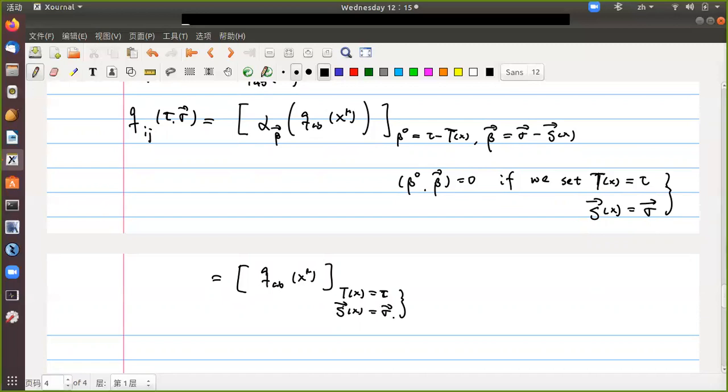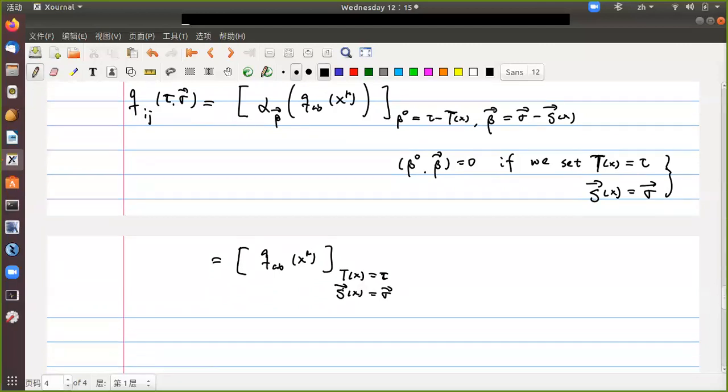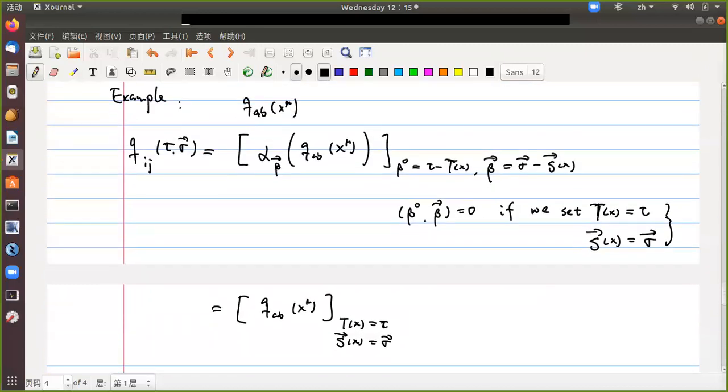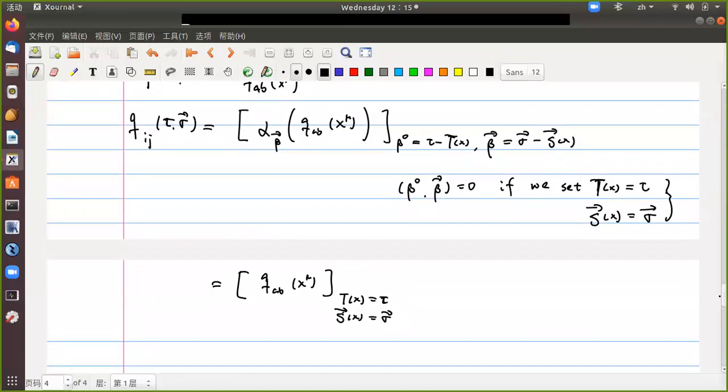Your Dirac observable, your field taking value at time tau and position sigma, is your field located at that point where your clock tells you it's tau and your ruler tells you it's sigma. Okay, so you see the philosophy is much clearer in this formula. Those dust fields really play the role of the material clock and material ruler.